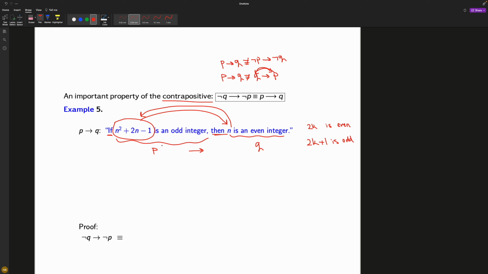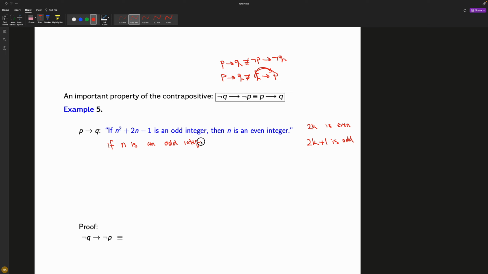But if I do it the other way, what am I doing? I'm doing Q implies P. And up here we said just switching them does not make them the same. You have to also negate to make them the same. So what I can do, and I hope you guys are understanding what's going on, is turn this around: if n is an odd integer.